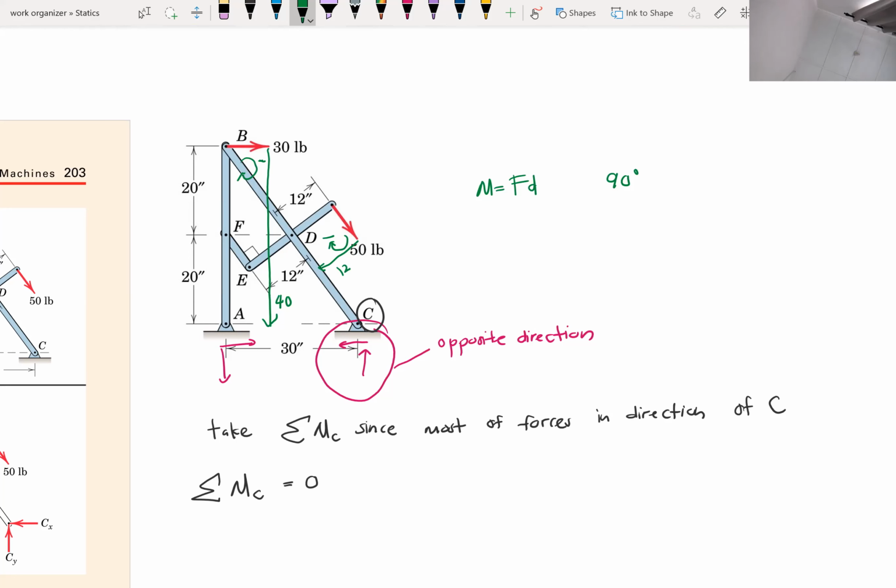Then we have AY. I forgot to name these: this one is AX, this one is AY, CX, CY. The distance from the force towards C is 30, and this one is right hand side, so it is positive.